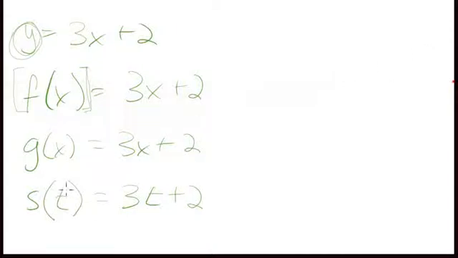Well, boom, your eye goes right there, function s. Not function g, and not function f, but function s. All of these are very similar looking, but they're distinguishable by their names. This is the name of the function f. Name of this function is g. Name of this function is s.